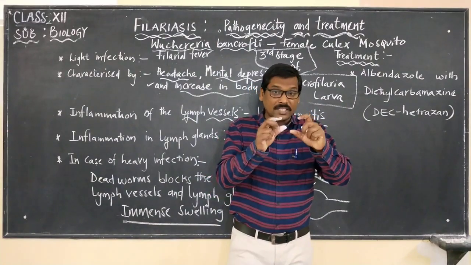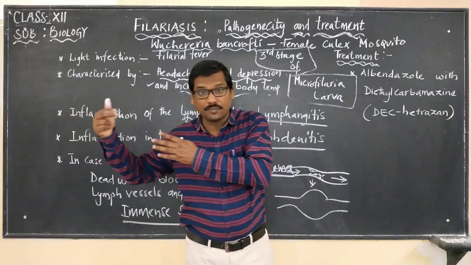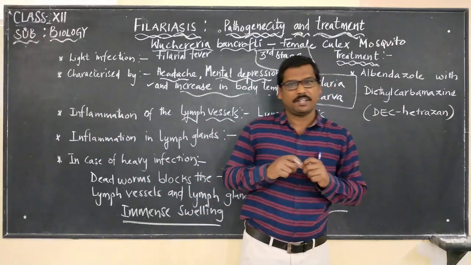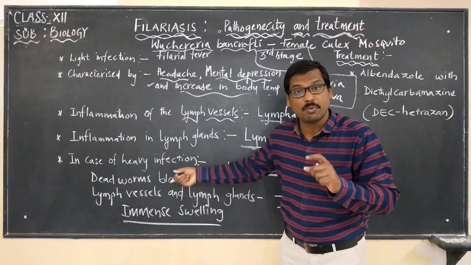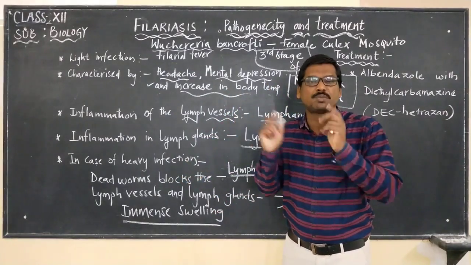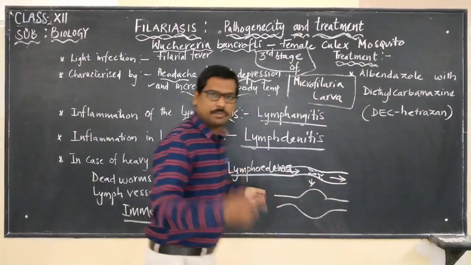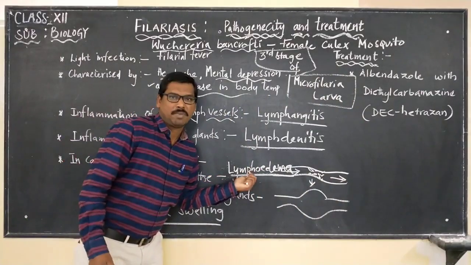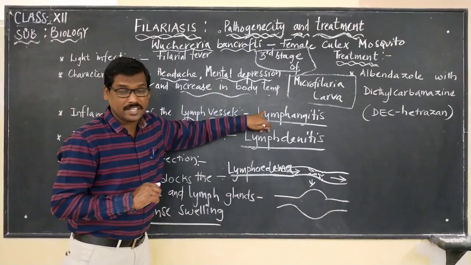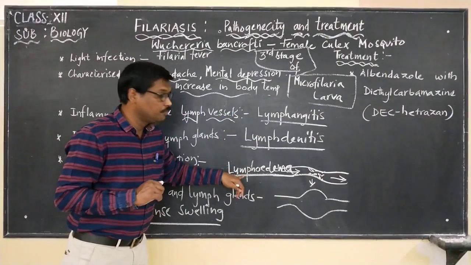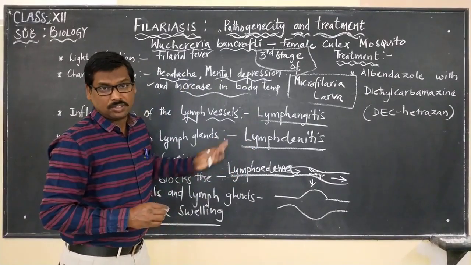That lymphatic vessel is blocked and there is no path for the lymph to move to the other part of the vessel. That place will swell, and the technical term is lymphoedema. So here we came across three words: lymphangitis, lymphadenitis, and lymphoedema. We should not get confused with these three words.